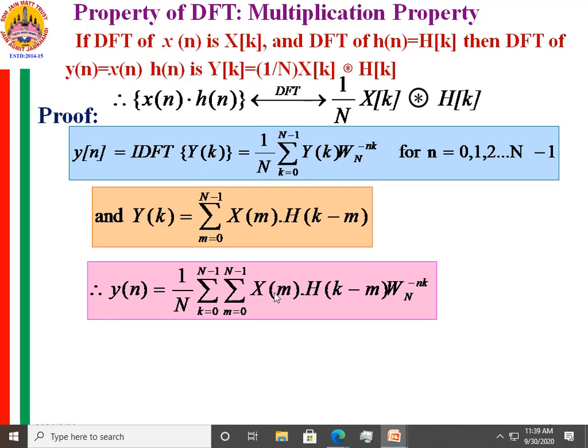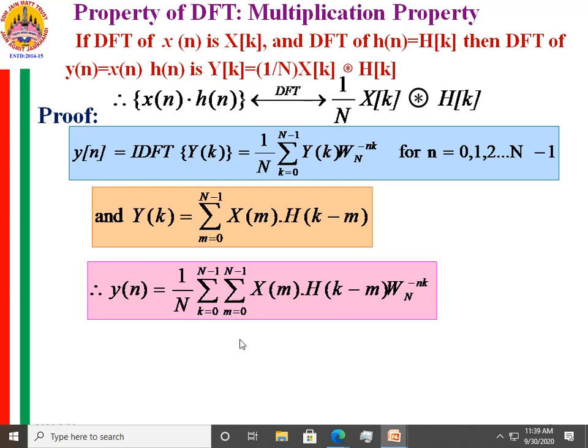So what we do is we take this variable, which is varying with respect to only m, outside the summation over k.